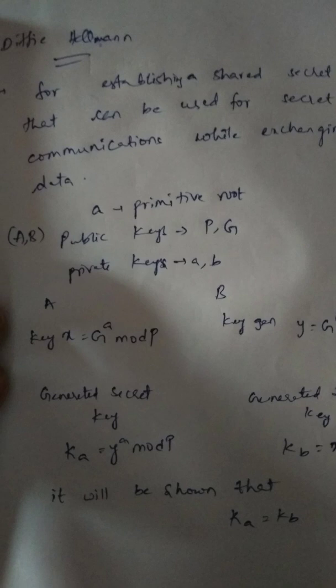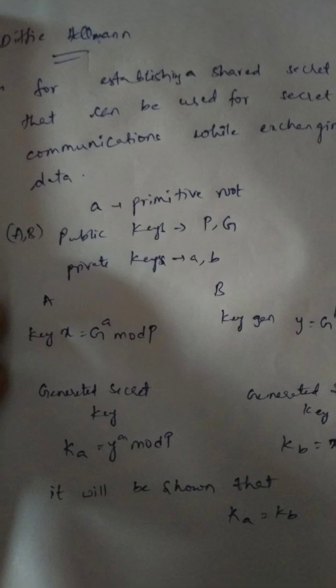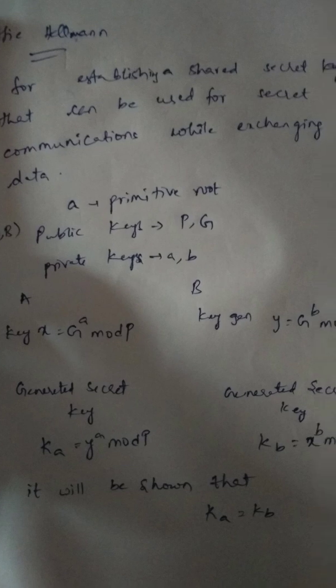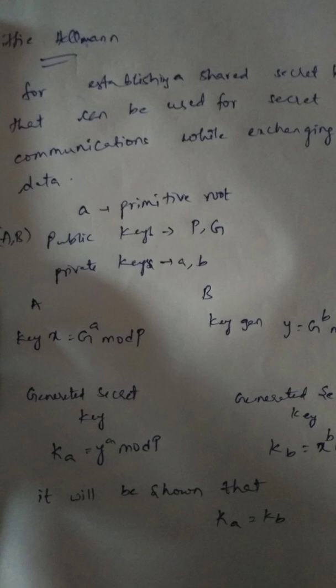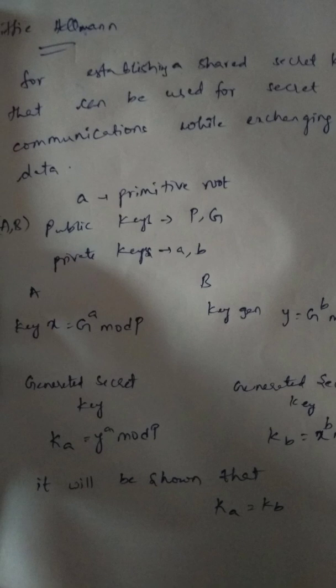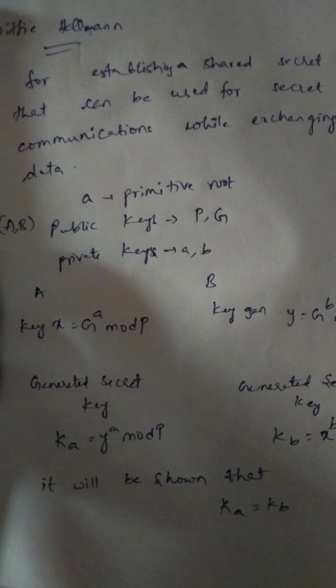Their strength comes from the fact that it takes an extremely long time to compute it just from the knowledge of prime number P, G, A. Once A and B compute the shared secret key, they can use it as an encryption key known only to them for sending messages across the communication channel.